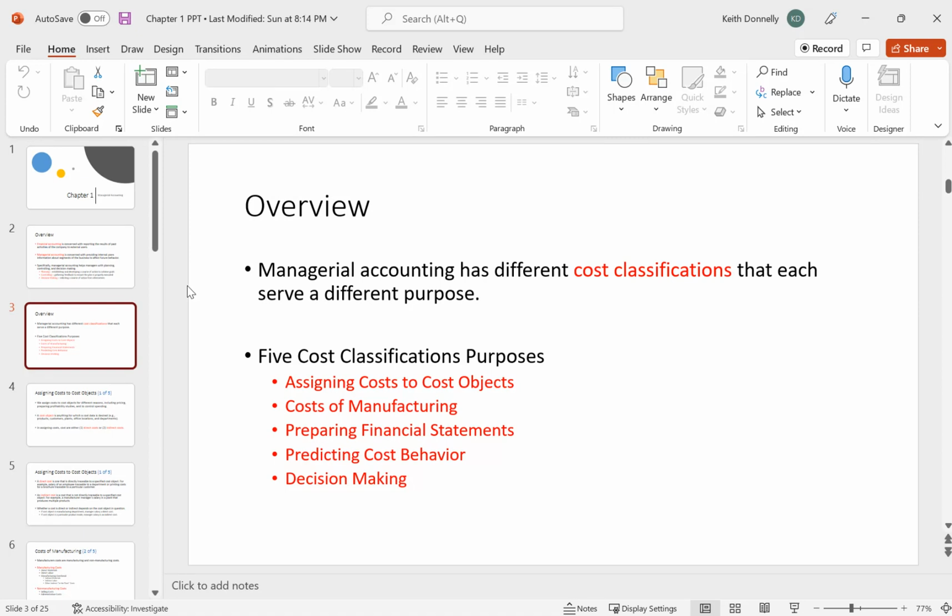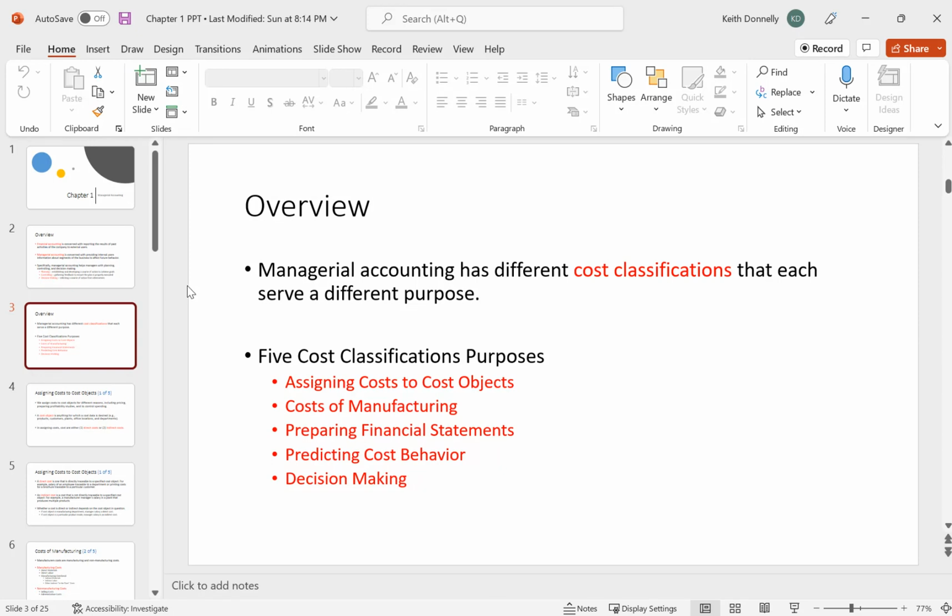There are a variety of different cost classifications, ways that we can describe costs or classify them. So the 5 different cost classification purposes, like how we can describe costs or areas in which we describe costs differently, are assigning costs to cost objects, costs of manufacturing, preparing financial statements, predicting cost behavior, and decision making.